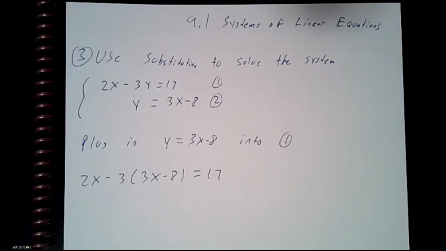If you get a false statement while you're solving, then you have no solution. If you get a true statement, but all the variables cancel, like 5 equals 5, then infinite solutions. If you get a number, then you have the unique solution case. So let's find out.